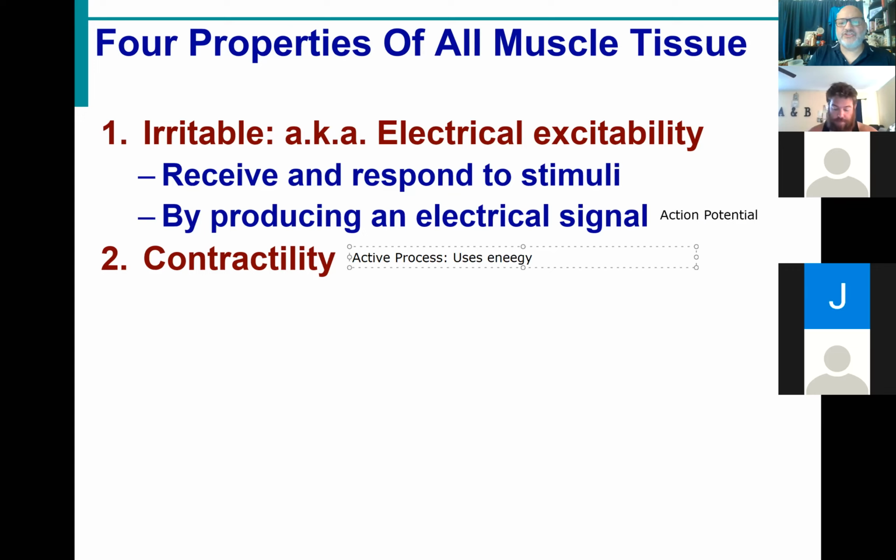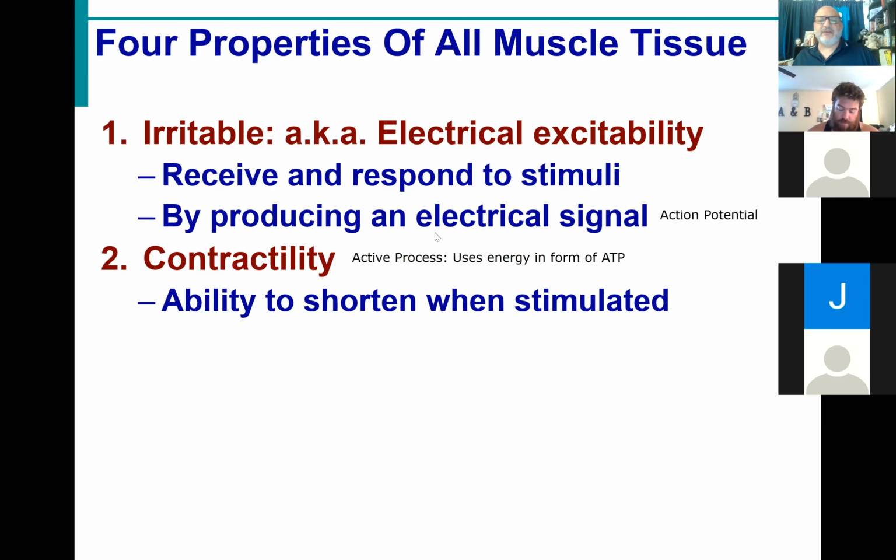And of course, that energy is going to be in the form of what? ATP. Excellent. And what does it mean to contract? To shorten. Absolutely, right. What this means is that it is the ability to change its length when stimulated.